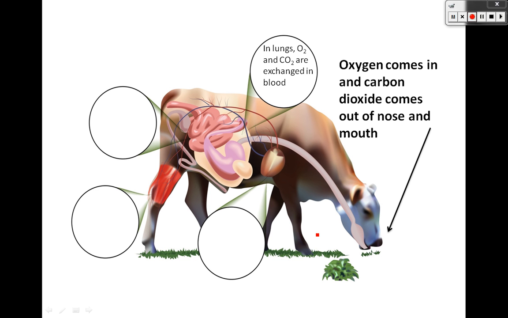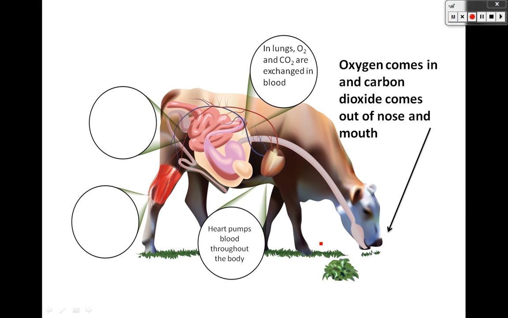So it's the blood that carries the oxygen to different parts of the body and carries the CO2 from different parts of the body. Think of it like a train station. It quickly gets from the nose and mouth to the lungs. Once in the lungs, it quickly gets back out through the nose and mouth. But in the lungs, it's where it gets into the bloodstream.